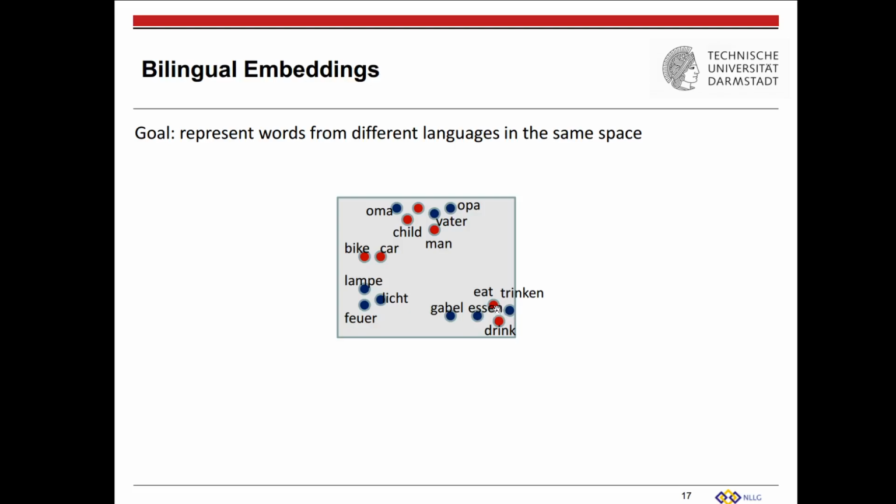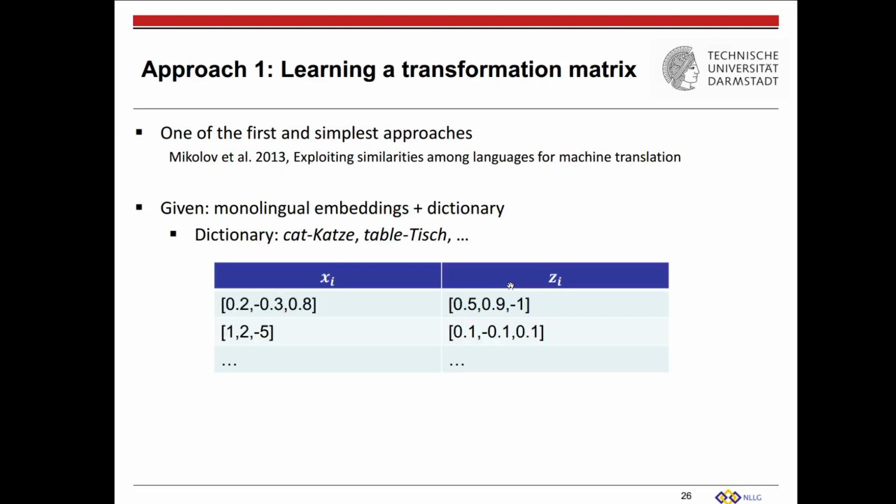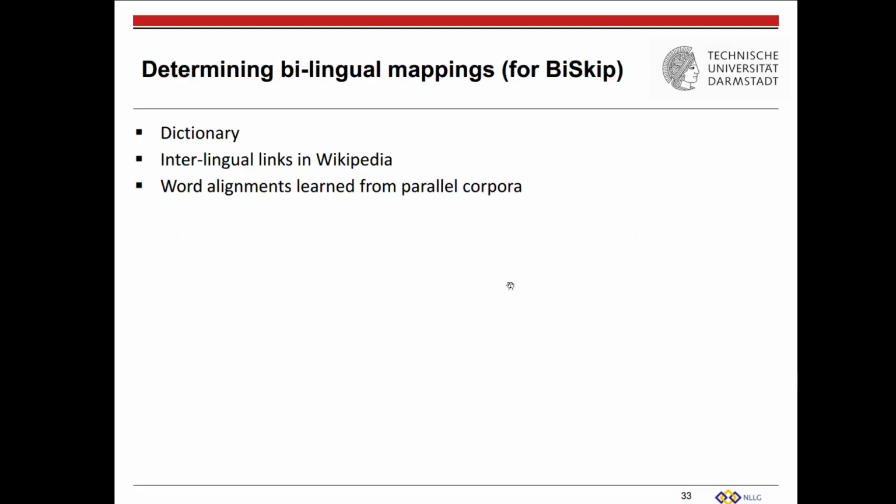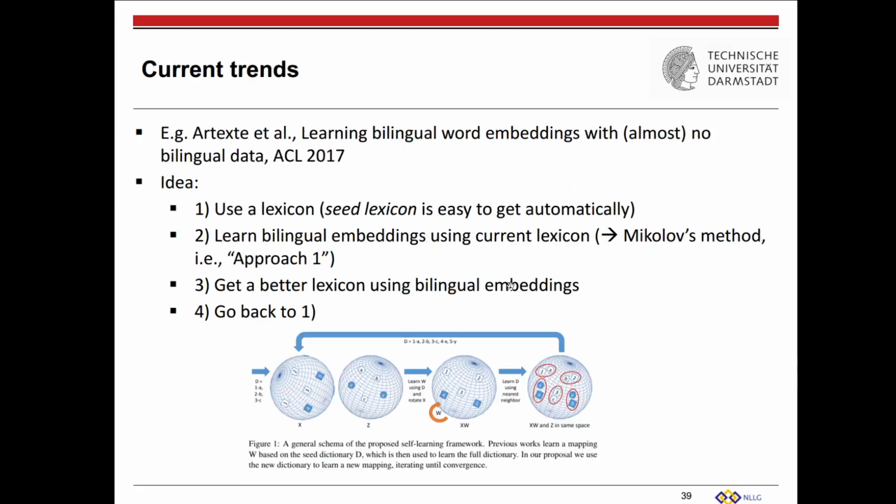Well, in this case it would be trinken, but that's only because the graph is maybe not fine-grained enough, or maybe it's an artifact of the picture here, right? But we can infer a dictionary from a bilingual space.